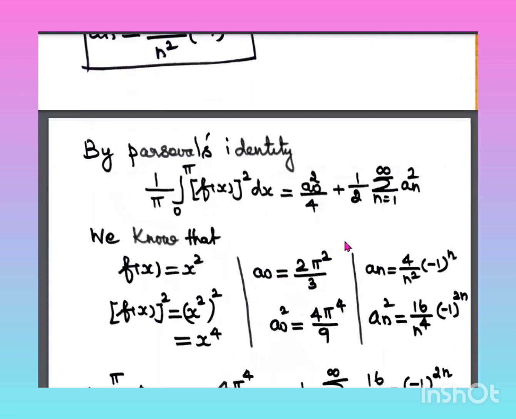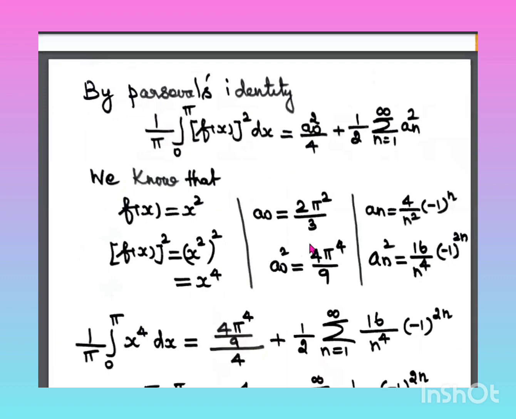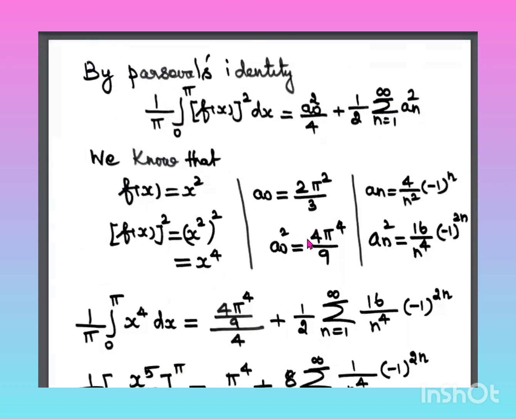Now we are going to find the deduce. So how to find the deduce, I will tell you. First, you have to know Parseval's identity. Left hand side is 1 divided by pi, integral over the limit 0 to pi, f of x whole square dx, which is equal to a naught square by 4 plus 1 by 2 summation n equal to 1 to infinity an square.